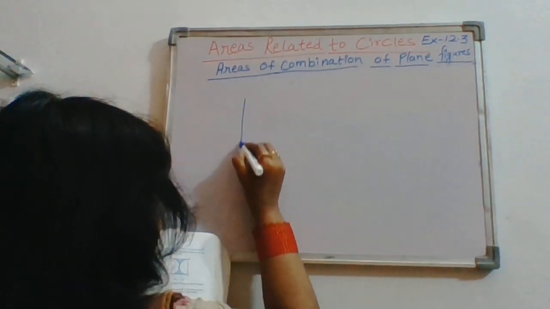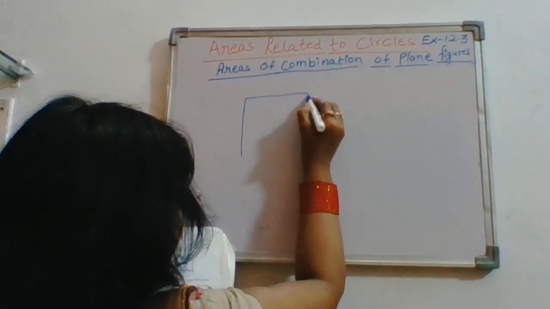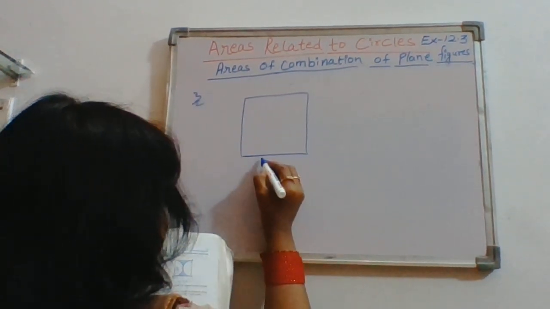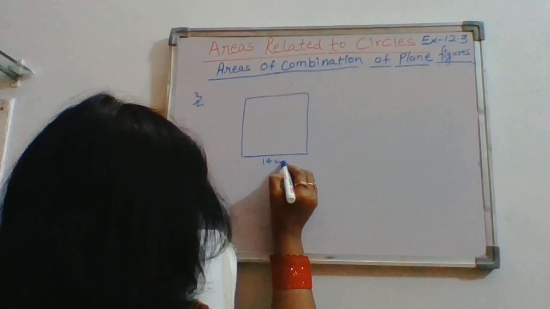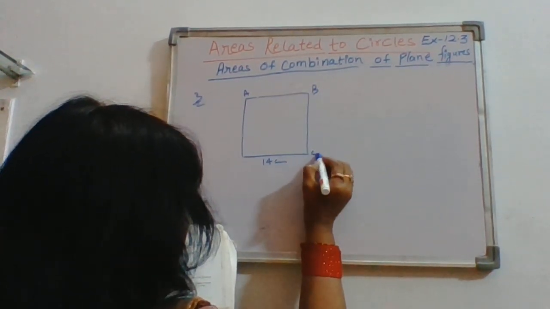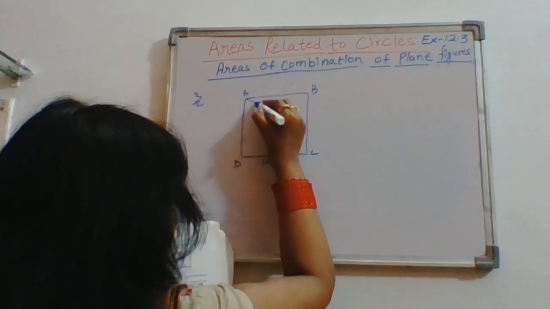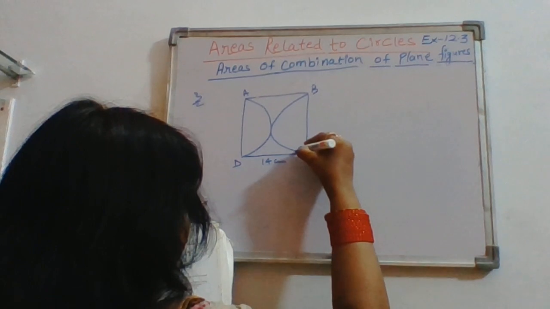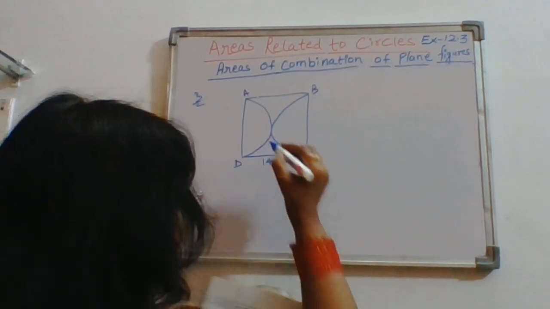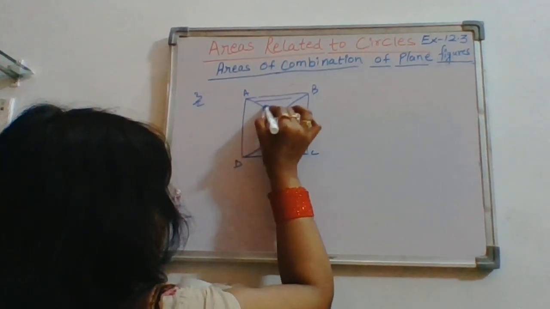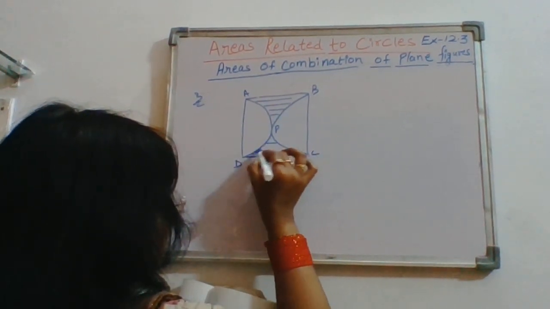The third question, a square is given whose side is 14 centimeter. ABCD is a square and two semicircles are drawn considering the side as the diameter. Now you have to find the area of this shaded region.